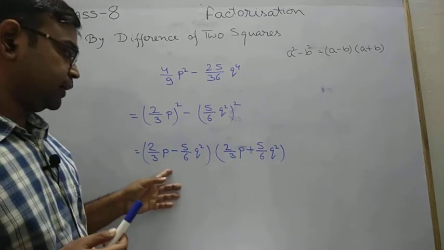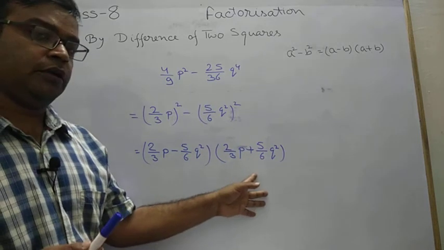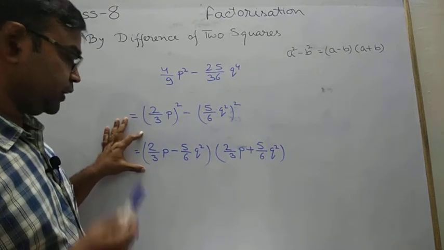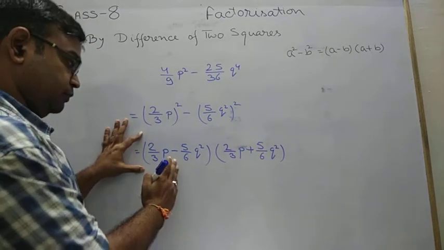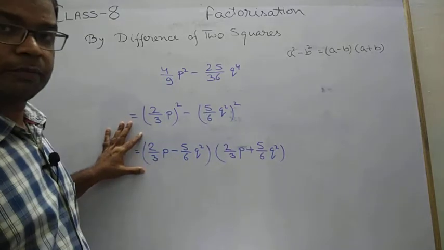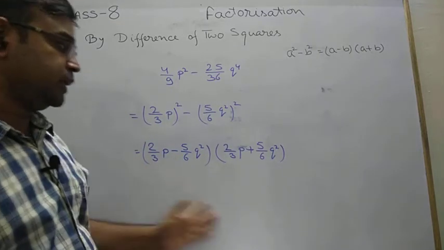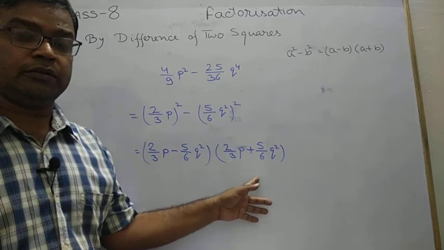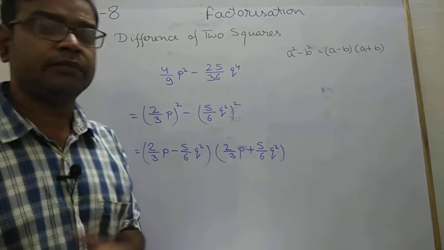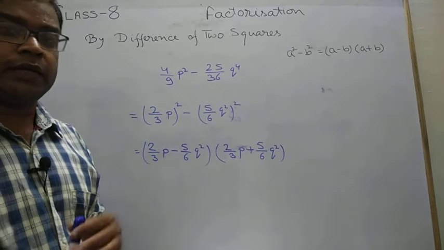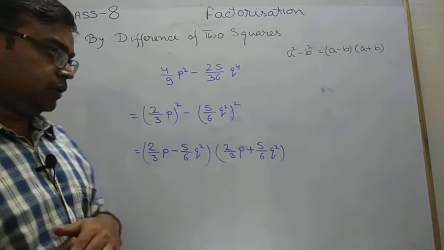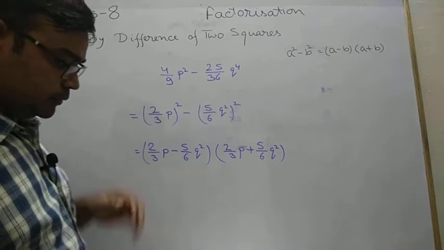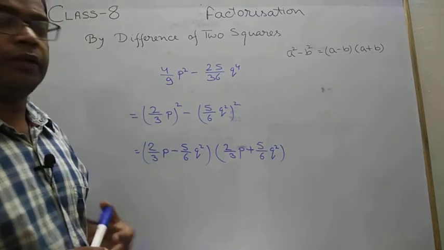This can be breakable, but this one is not. So we always keep the minus sign first, so that our attention easily falls on this one. Sometimes if we use the minus sign on the other side and it factorizes, we may miss that factor. So I always use the minus sign first. Hope you can factorize this one.